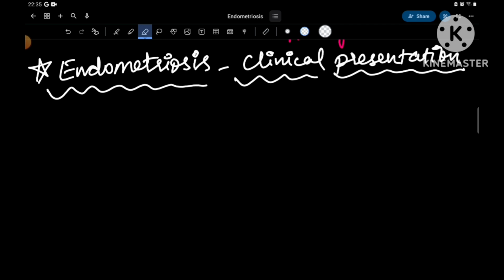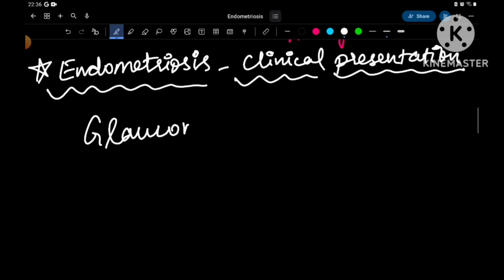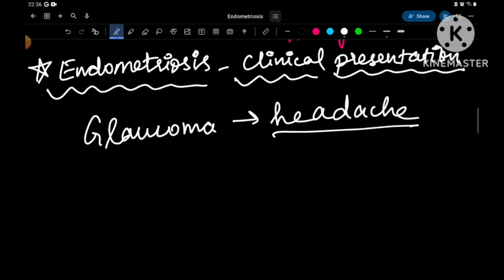Even a small thing, guys. I just read recently that even for glaucoma, headache is an important symptom. You just imagine, when we get a headache, will we think we have glaucoma? Never. Only when retroorbital pain or some vision problems appear.